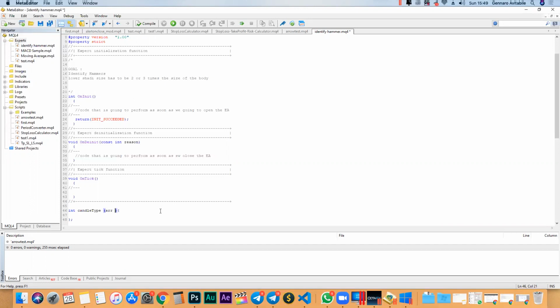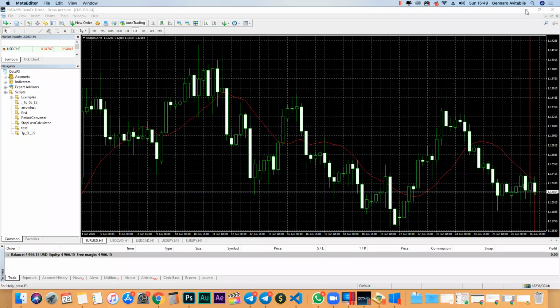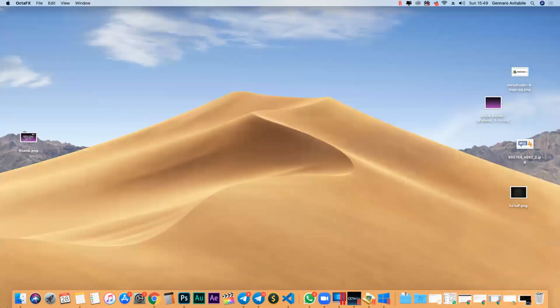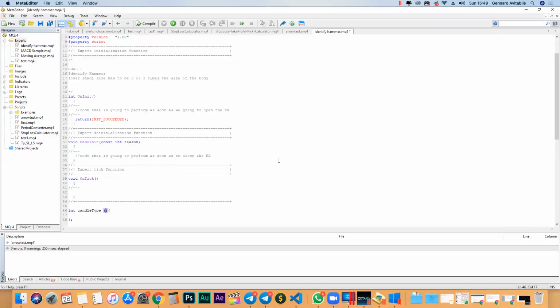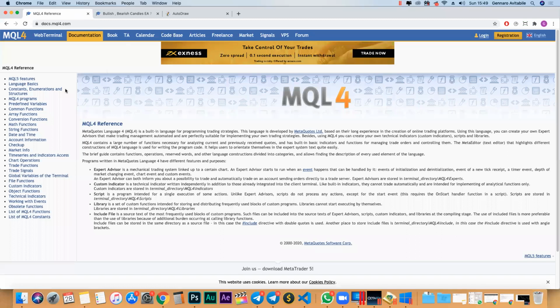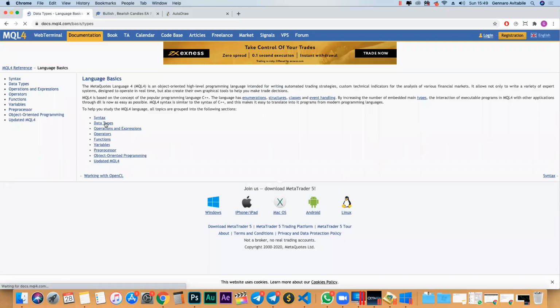All right, I don't remember the type, so let's have a quick look. MetaTrader, nope. All right, so let's check on the data types. Language basics and data types.